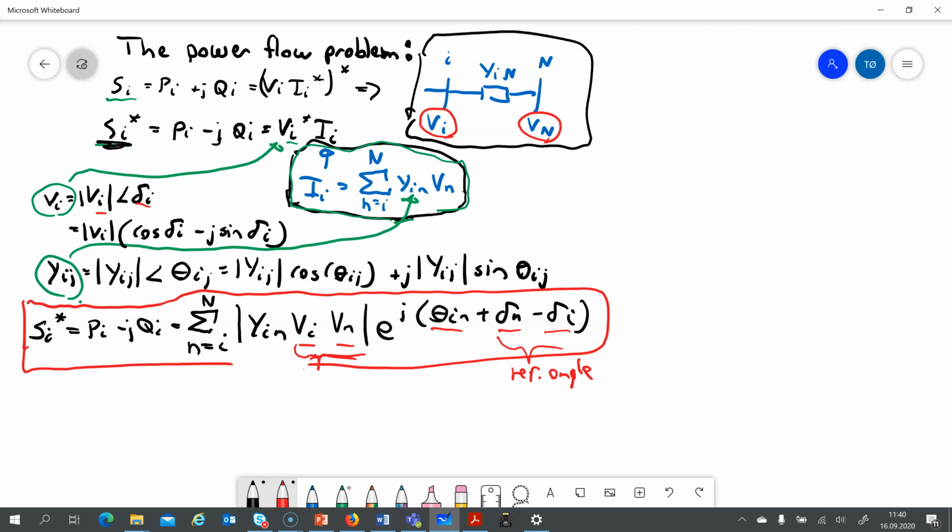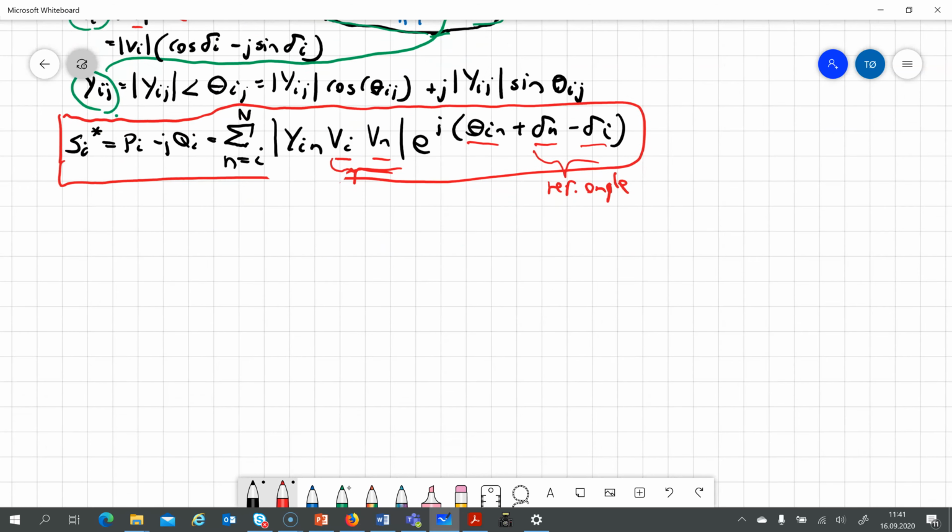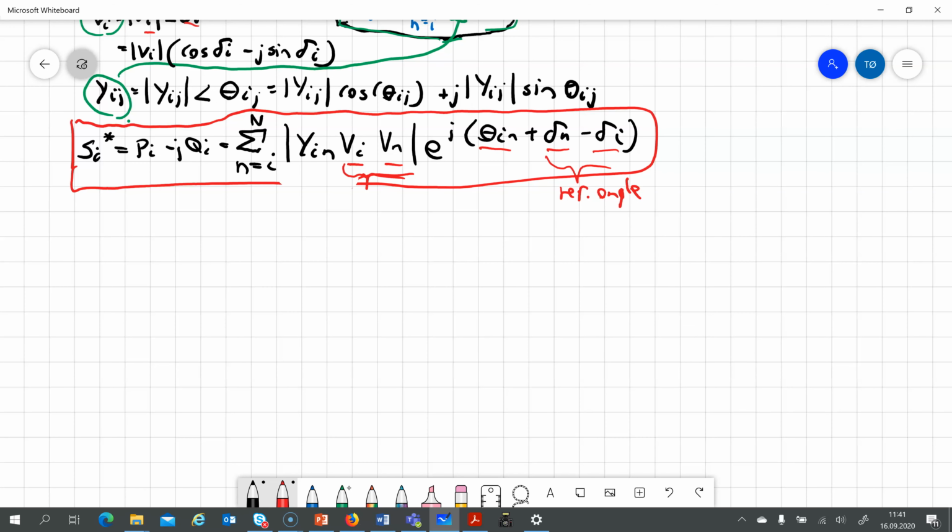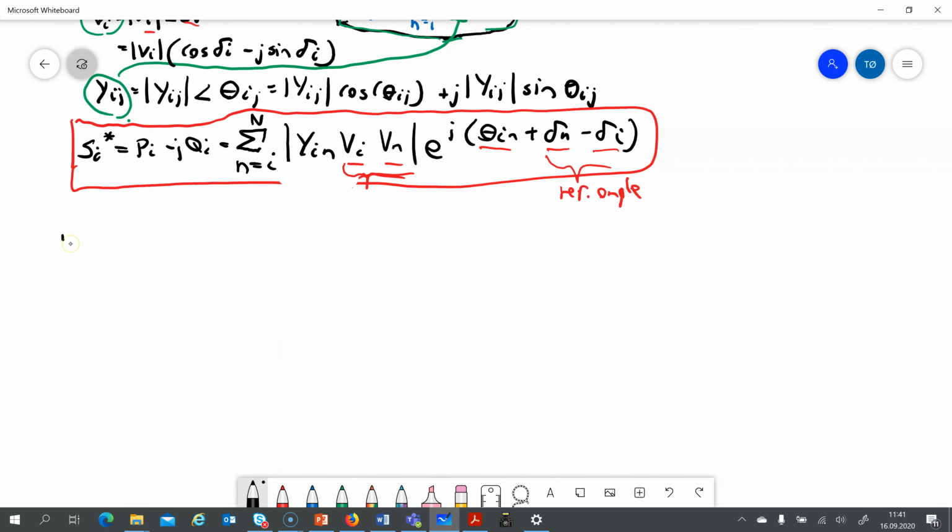So we can take now this equation and split it into an active and a reactive part. Let's take Pi first, equals the sum n equals 1 to n.